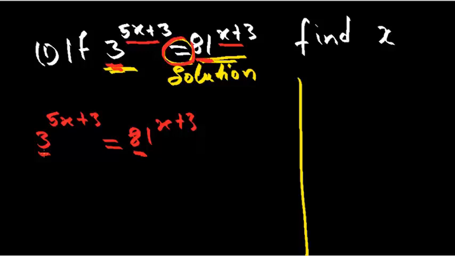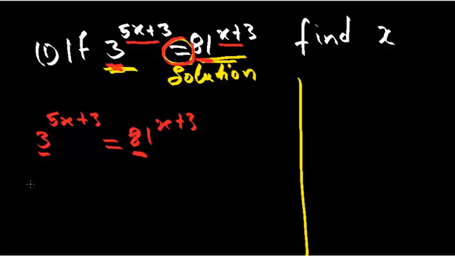You have to consider the 81 and ask yourself whether you can express 81 in terms of base 3. If you check the exponents of 3, 3 exponent 4 is going to give you 81. So 81 can be expressed in base 3 as 3 exponent 4.